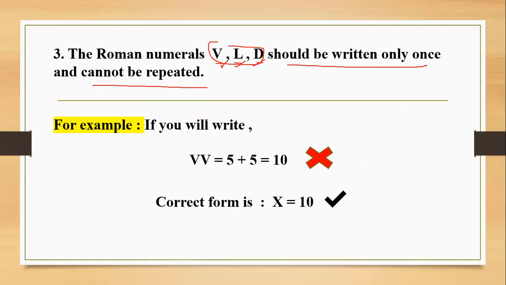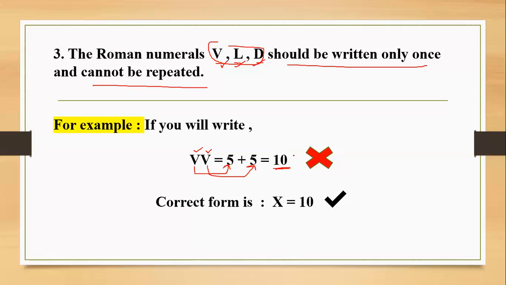Let's see an example. If it is repeated, then what happens? I have taken the example that the V is repeating 2 times. Firstly, we convert the Roman into a number: 5 plus 5 equals 10. We have got the value of double V is equal to 10.